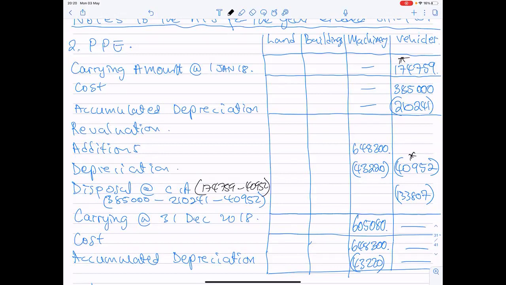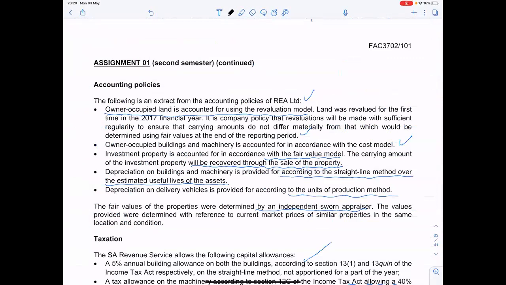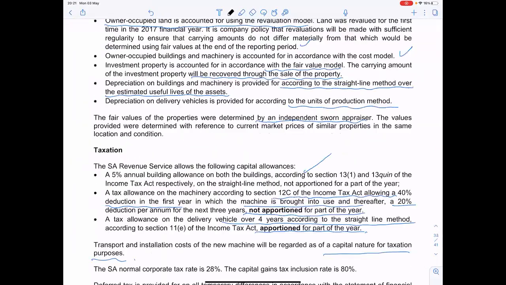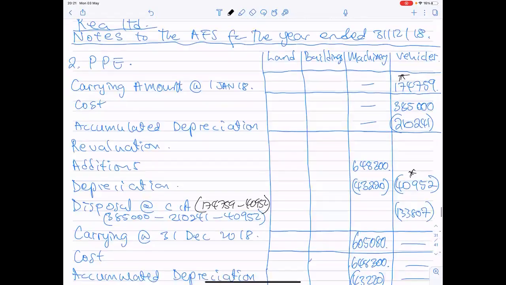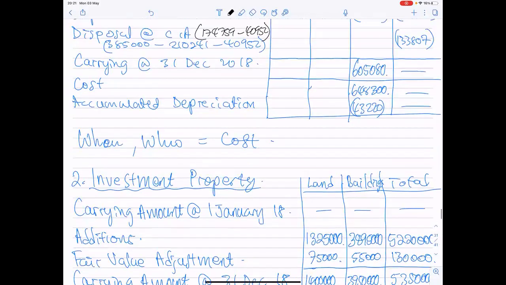All right. Now, there is something that they asked there. They had asked us to prepare the journal entries in the accounts of RIA to correctly account for the sale of the delivery vehicle on 30 April 2018. So we want to remove the delivery vehicle from the books.